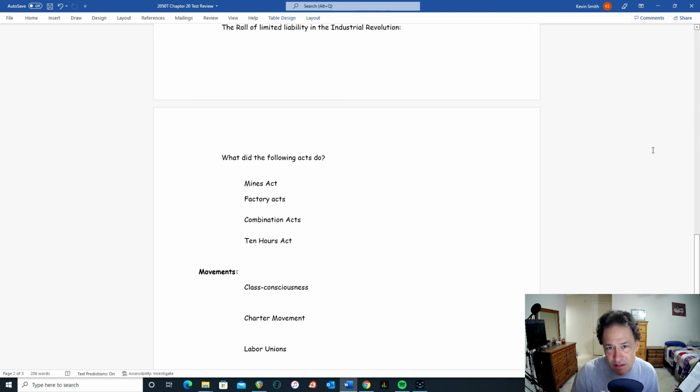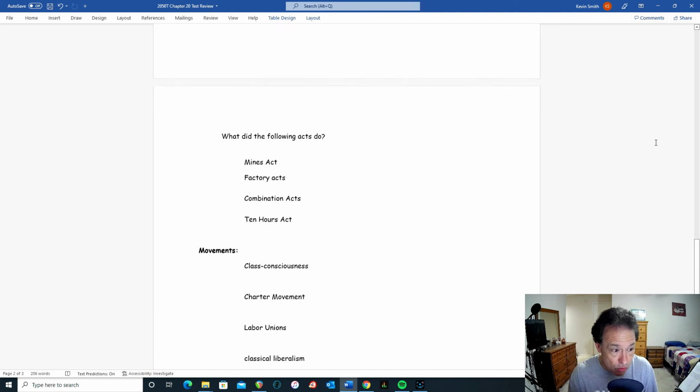These Combination Acts were a product of classical liberalism, that philosophy that we talked about, which was pro-business, pro-free trade, and anti-union. All of these things are great for factory owners. All of these things are great for capitalists. And so these acts were violated so blatantly and so frequently that Parliament finally had to repeal the Combination Acts. They were doing factory owners and capitalists no good.